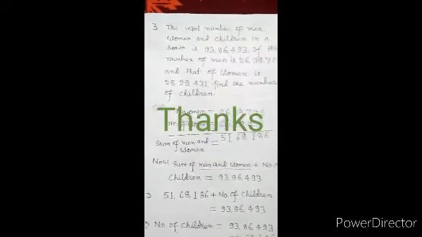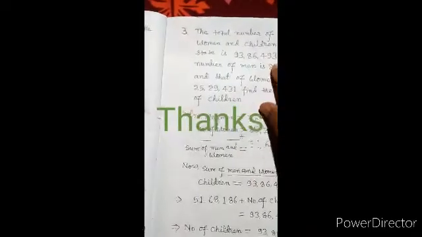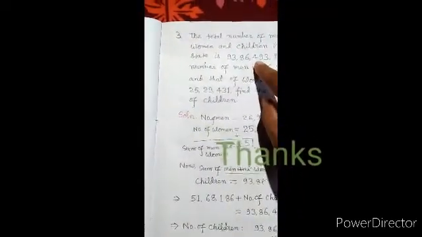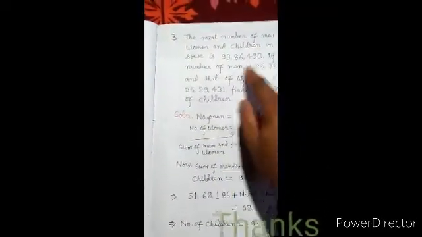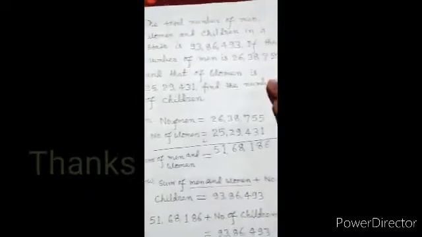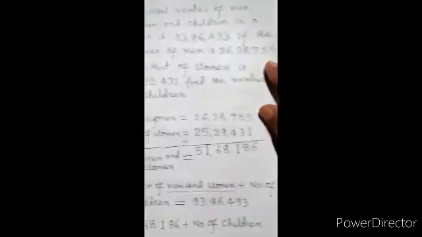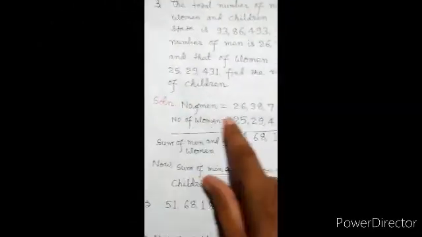Firstly, try to understand this word problem: number of men and women is given, and number of children is missing, and total population is also given.